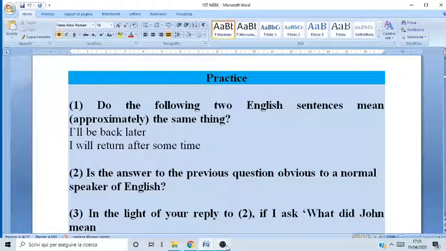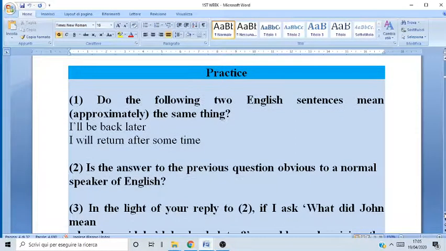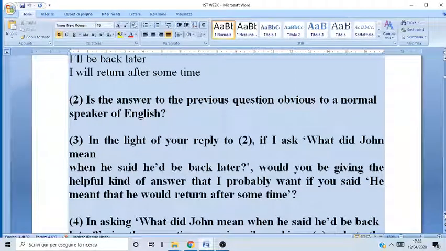Is the answer to the previous question obvious to a normal speaker of English? In the light of your reply to question number 2, if I ask, what did John mean when he said he'd be back later? Would you be giving the helpful kind of answer that I probably want if you said he meant that he would return after some time?